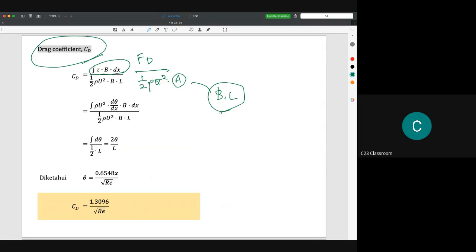And then we know that the shear stress here can be written in von Karman terms, so von Karman is equal to rho U square d theta dx.